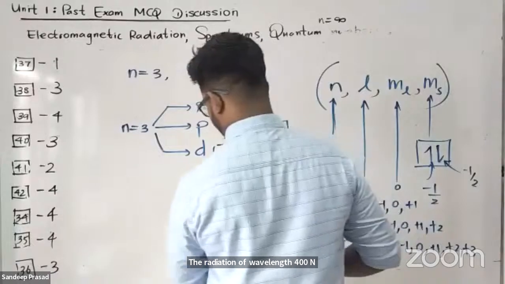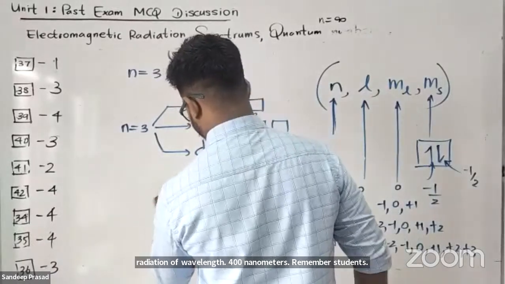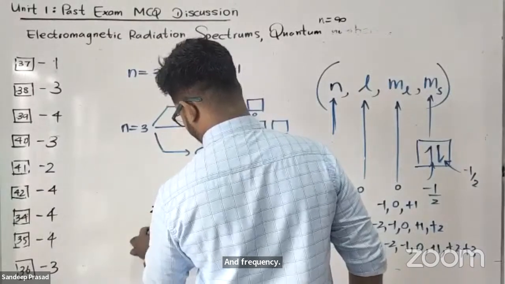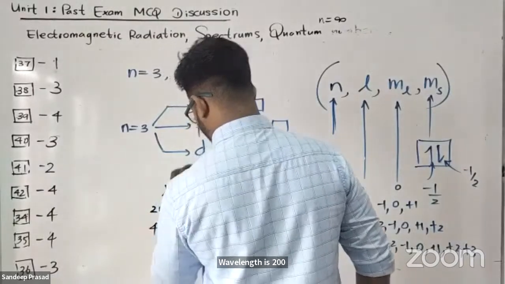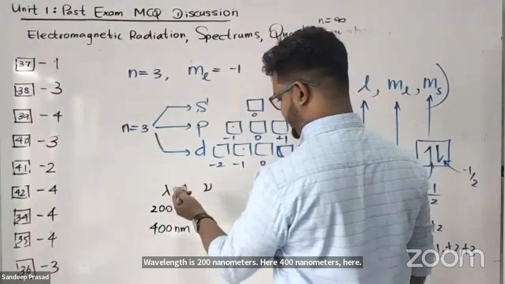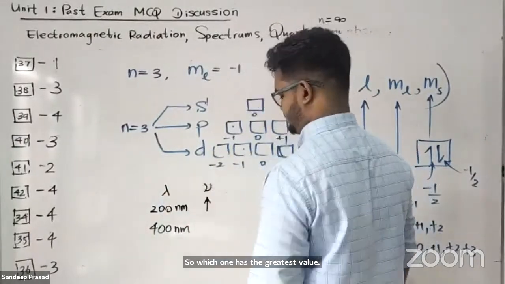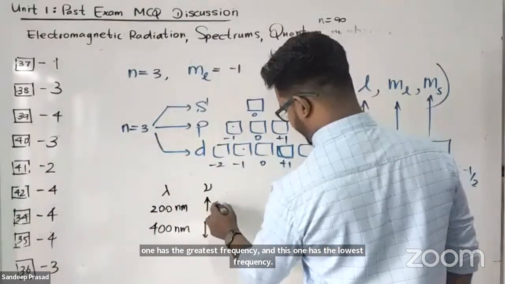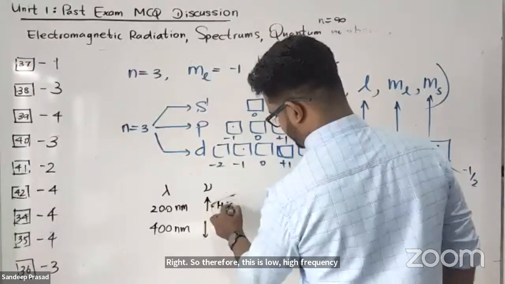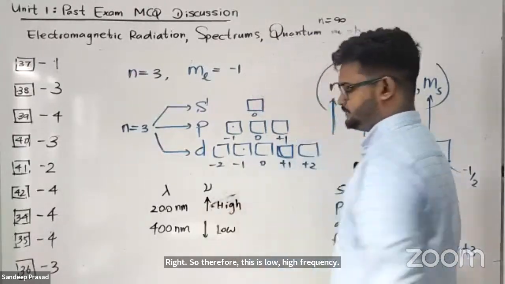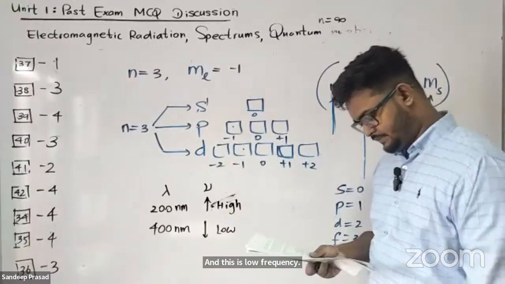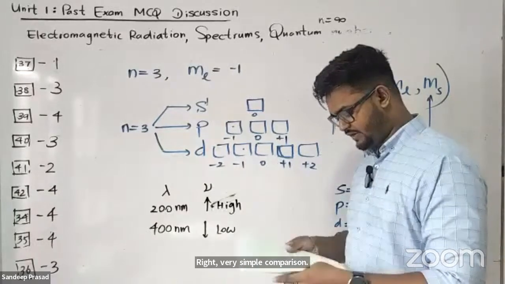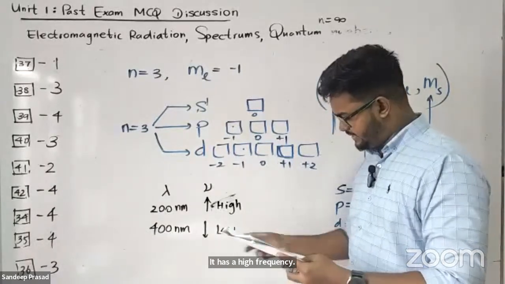Remember students, when you compare wavelength and frequency, which one has the greatest frequency? The 200 nanometer one has the high frequency and the 400 nanometer one has the low frequency. Very simple comparison. So that is correct.